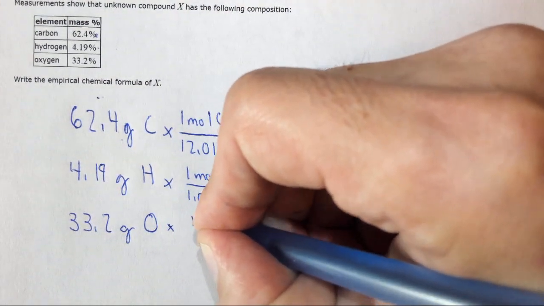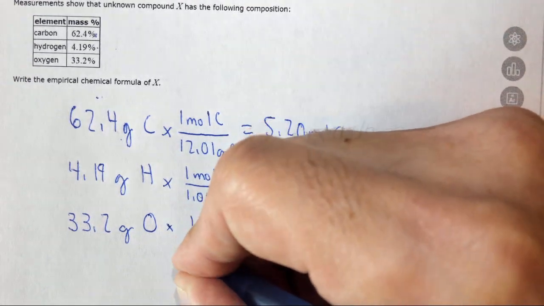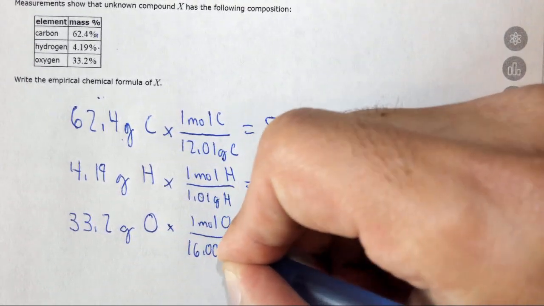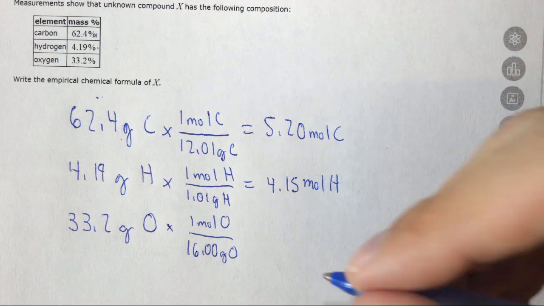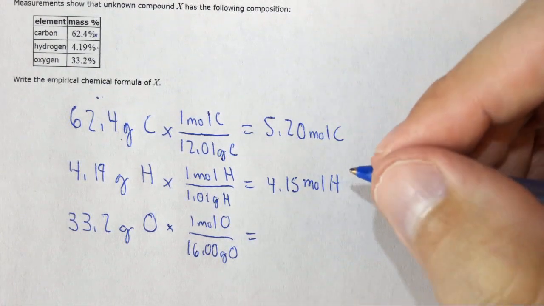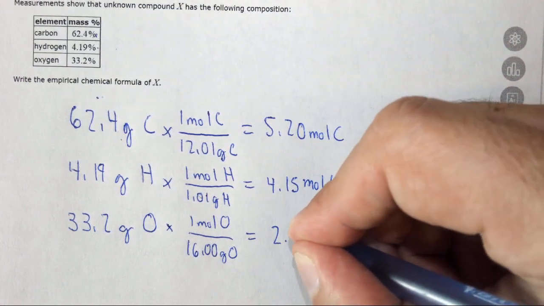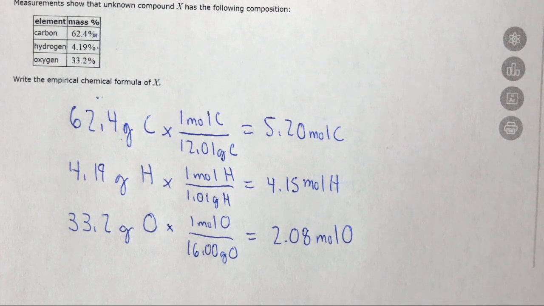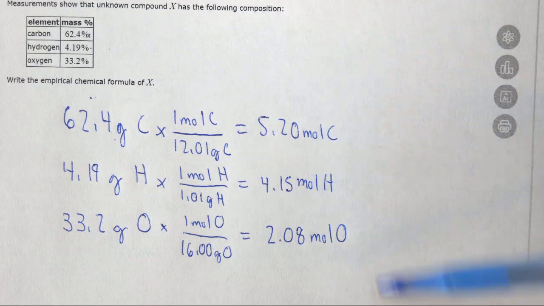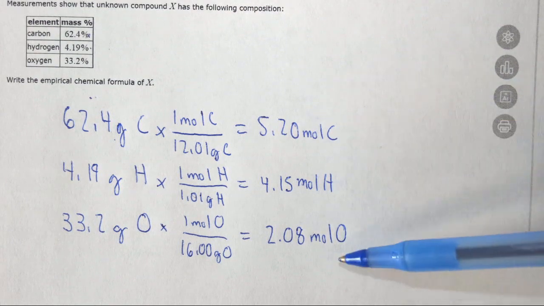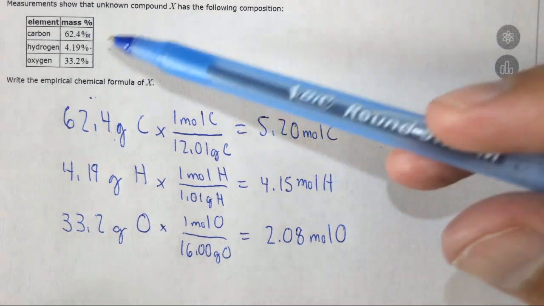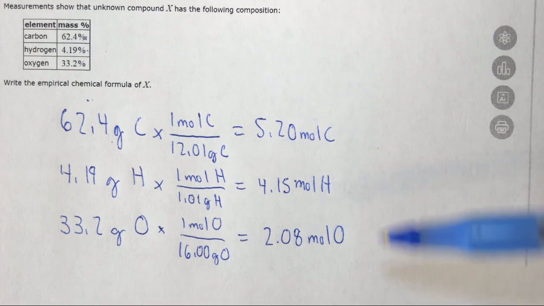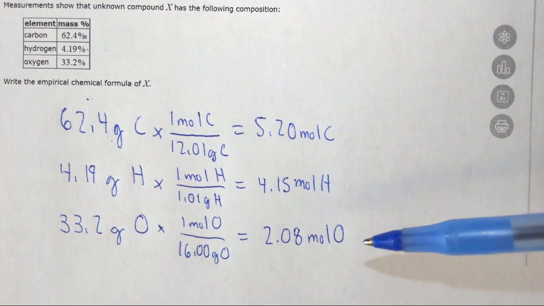And then finally for oxygen, times 1 mole of oxygen on top, 16.00 grams of oxygen on the bottom from the periodic table, which gives us 2.08 moles of oxygen. This gives us the moles of each of the elements in this compound. However, it is not a ratio. It's not an empirical formula yet.